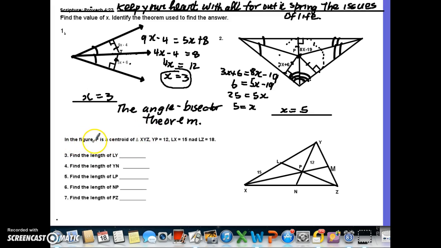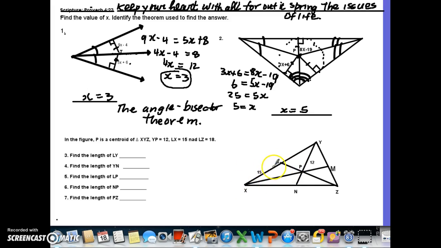Here it says in the figure, P is a centroid. So P is a centroid of triangle XYZ. And they give us that YP is 12. Here it is, YP is 12. They give us that LX is 15.